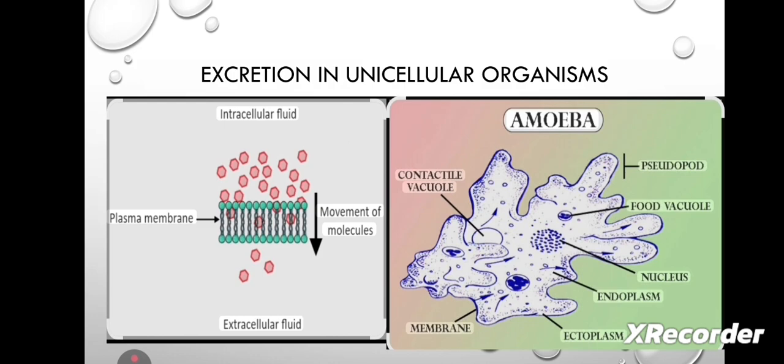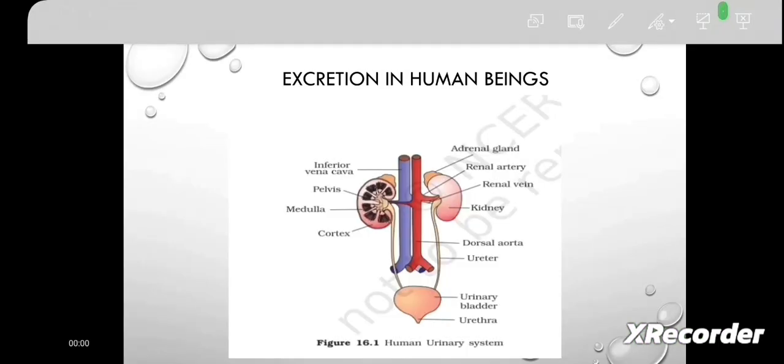Many unicellular organisms remove these wastes by simple diffusion from the body surface into the surrounding water. As we have seen in other processes, complex multicellular organisms use specialized organs to perform the same function. Excretion in human beings.